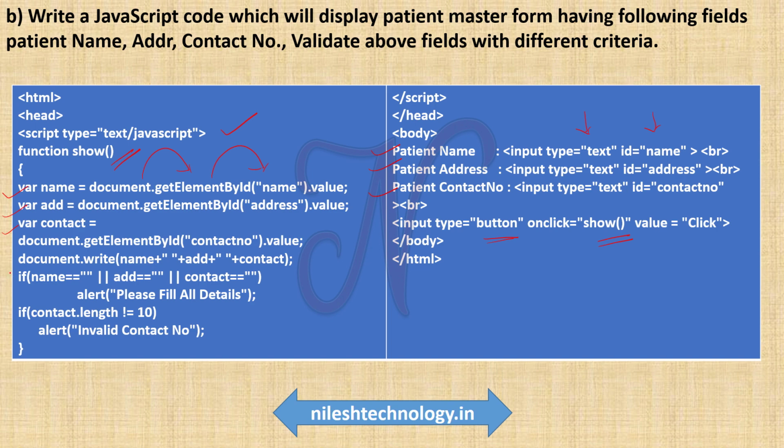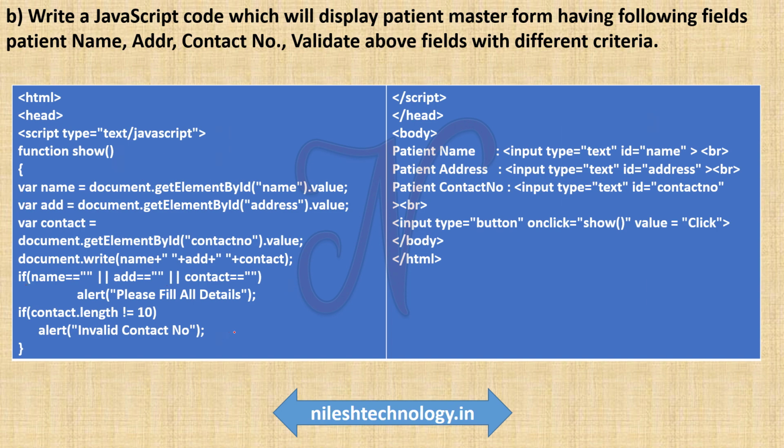If name, address or contact number is empty, then alert: a dialog box pops up with the error message, please fill all details. Next is the contact: if your contact length is not equal to 10, then again alert a pop-up box, invalid contact number. So here we use 2 pop-up boxes and perform some validation.